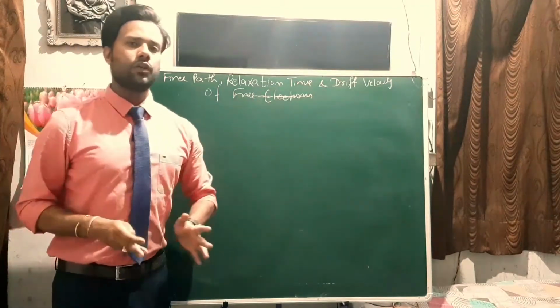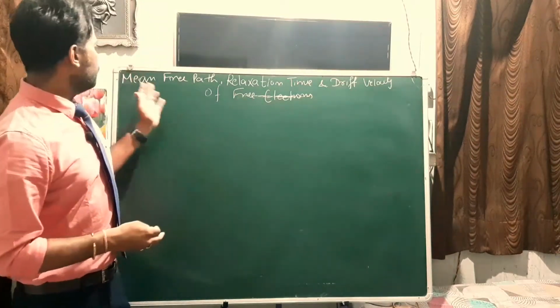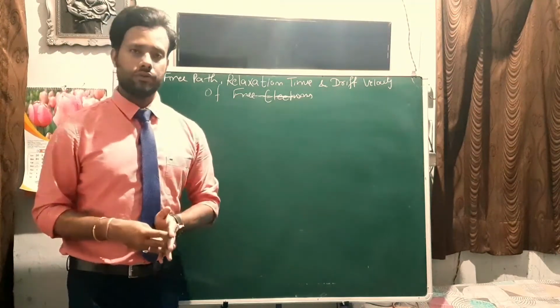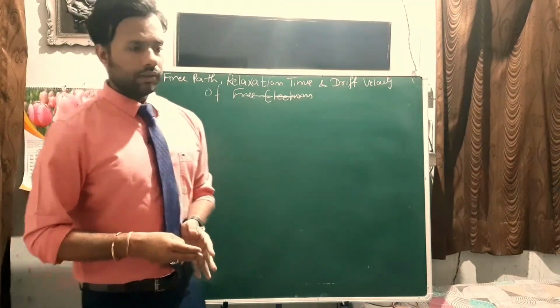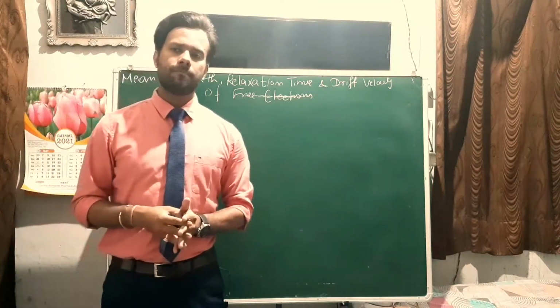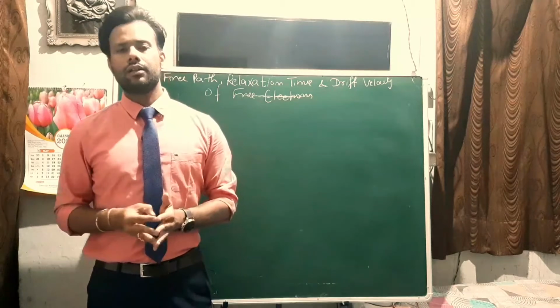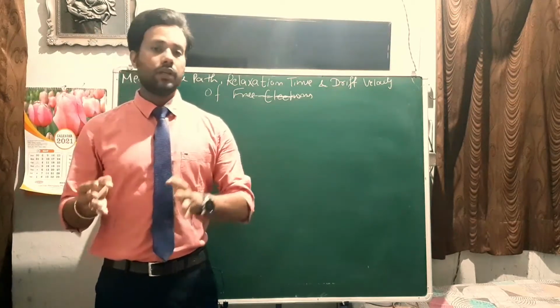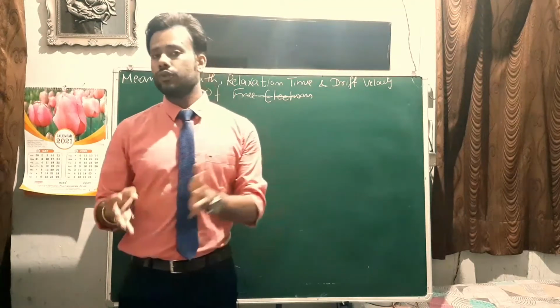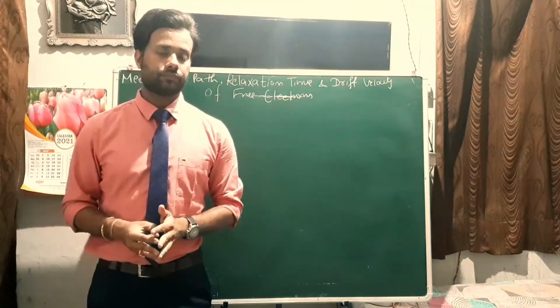This is a very important conceptual topic: mean free path, relaxation time, and drift velocity of free electrons. They are basically fundamental to how the free electrons move inside the conductor, both when there is no source of energy and when there is a source of energy.